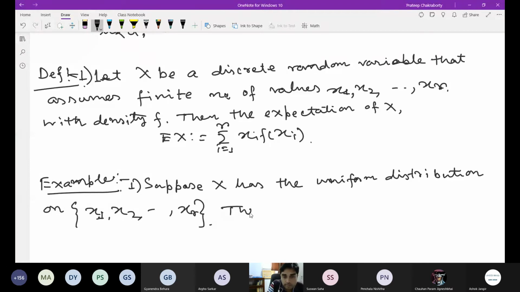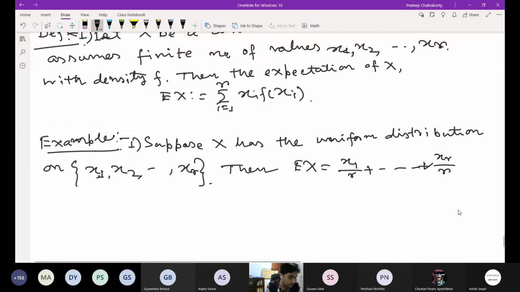So then E of x is equal to x1 by r plus ... plus xr by r, which is the arithmetic average of the possible values of x.